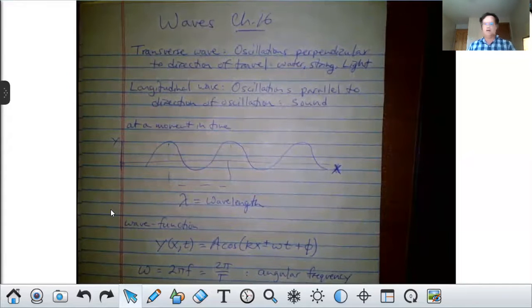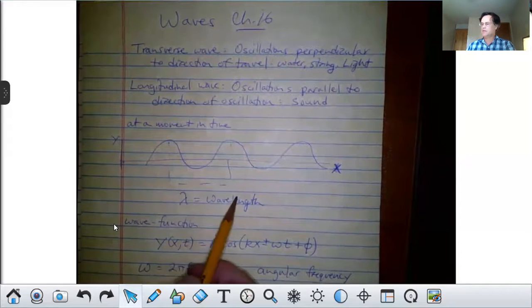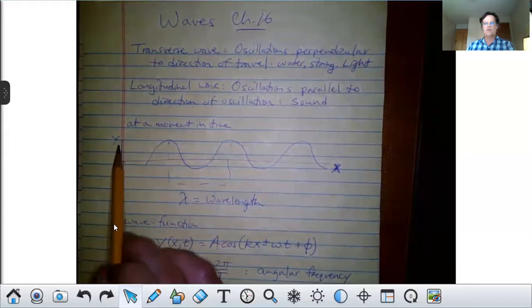There's also another variable. If you take a snapshot in time of the wave, what you'll see is the boat over here on one wave, and then if you go far enough, you'll see a wave at exactly the same height, maybe a wave crest. And they're separated by a distance that we call the wavelength. So I've got a y variable, the height of the wave.